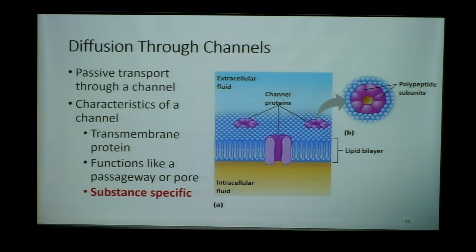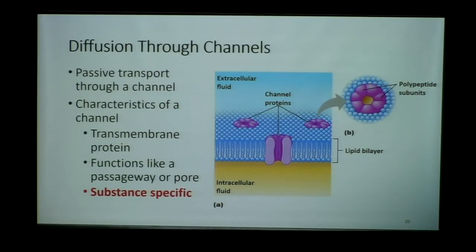So some features here, this requires a protein. So this is also requiring a transmembrane protein, but this is not a carrier or a transporter, so make that distinction. The structure of this protein is such that it looks like a passageway or a pore, hence the term channel, right?